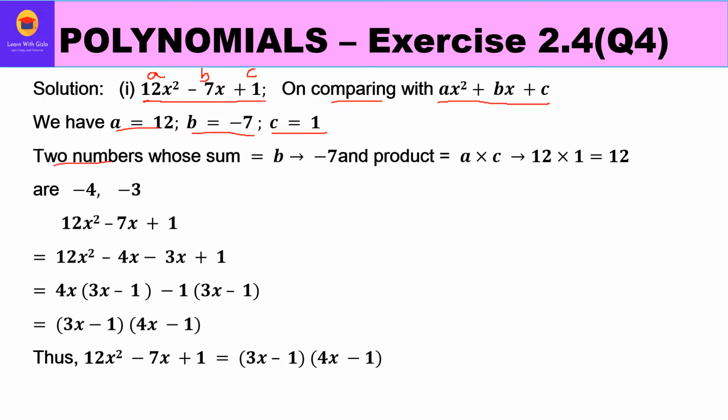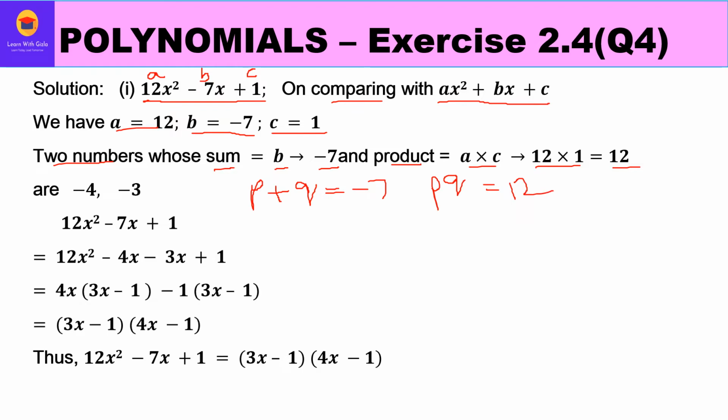Now we have to identify such two numbers whose sum is b, that is minus 7, and the product is a into c, that is 12 into 1, which is 12. That means such numbers, let's say p and q, whose sum should be minus 7 and whose product should be 12. So such numbers we have to identify.